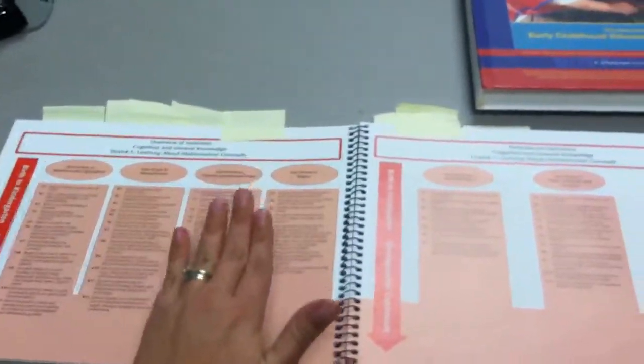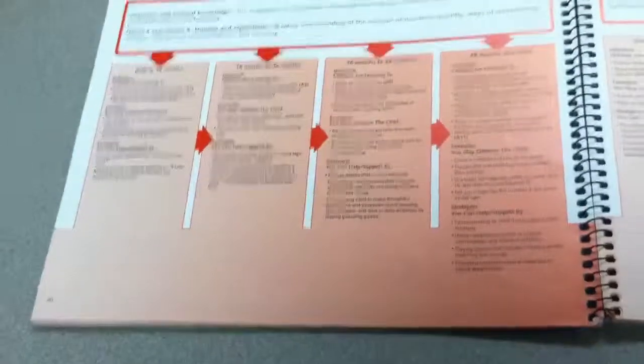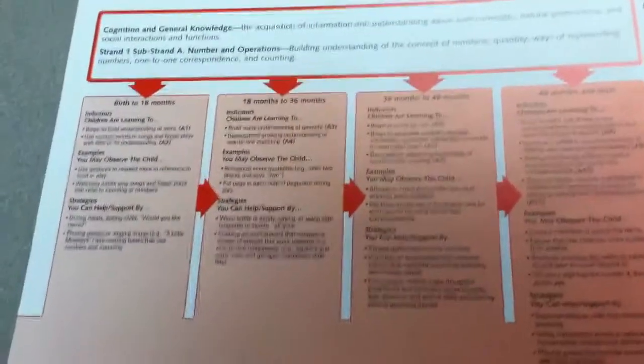That's our overview. Now let's look at each individual page. For each of these strands, 1, 2, 3, 4, 5, 6, 7, each one gets one page. So this whole page here on page 20 is just numbers and operation. I'm going to be asking you the definition of, for instance, cognitive domain.